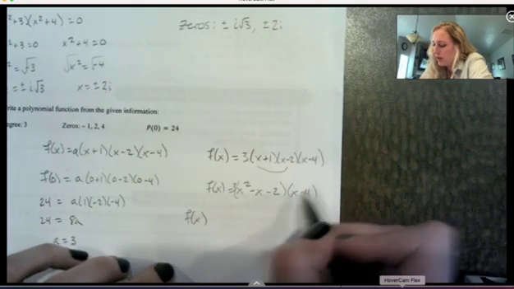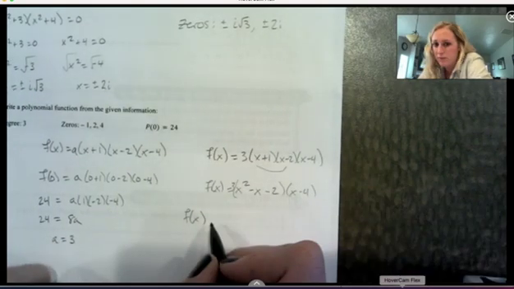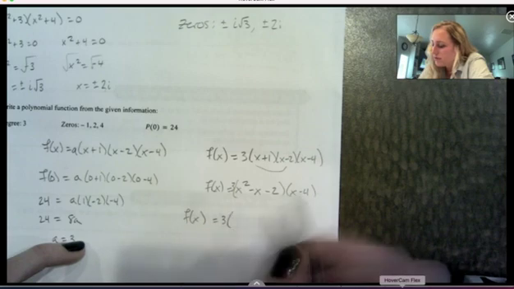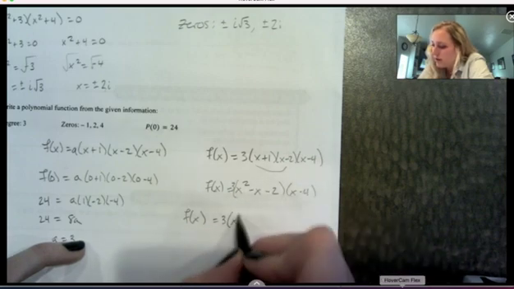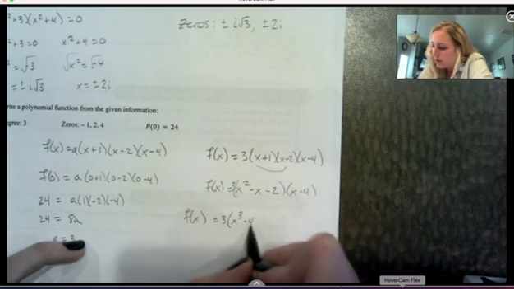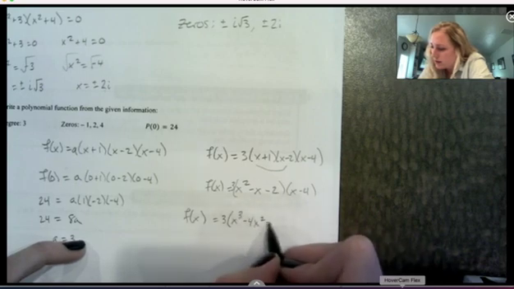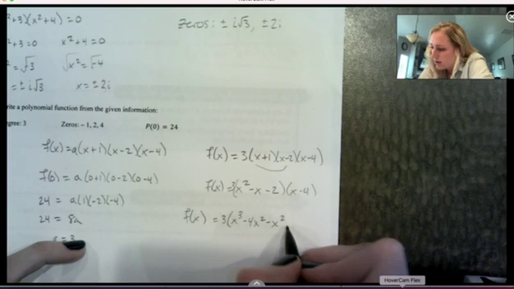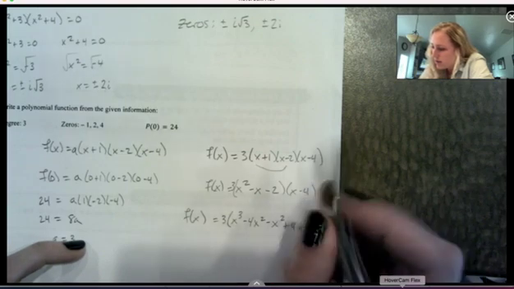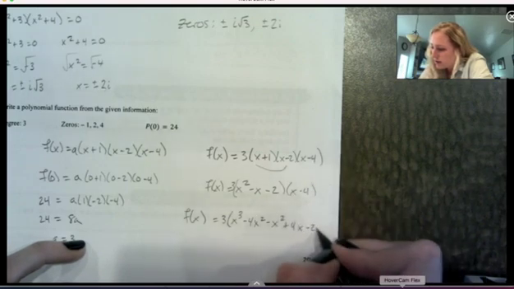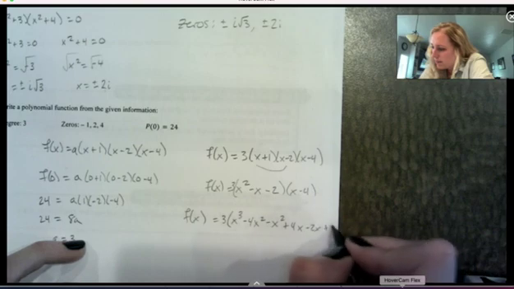Okay, multiply these guys. I'm leaving my 3 out front right now. So I have x squared times x squared times -4, negative x squared plus 4x minus 2x plus 8.